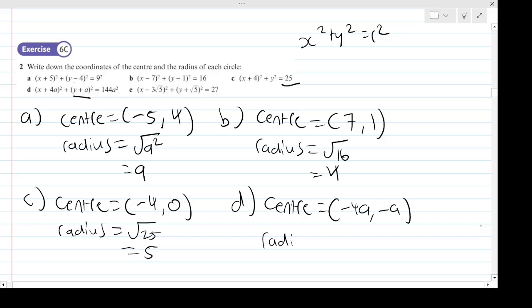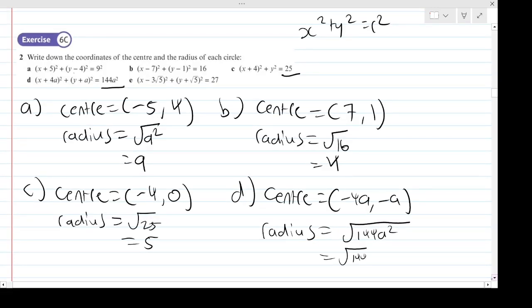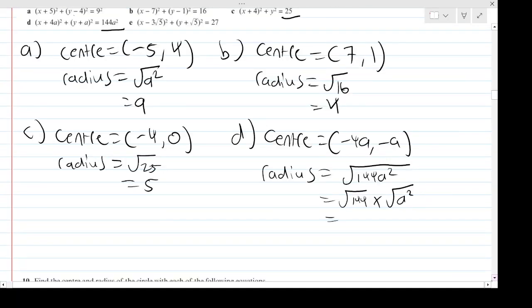And the radius squared would be 144a squared, so we need to square root that to get root 144a squared. This requires a little bit of surd laws, so remember we can split this up to root 144 times root a squared. Root 144 is 12, times root a squared is just a, because the square cancels the root, which gives 12a, and there we are.